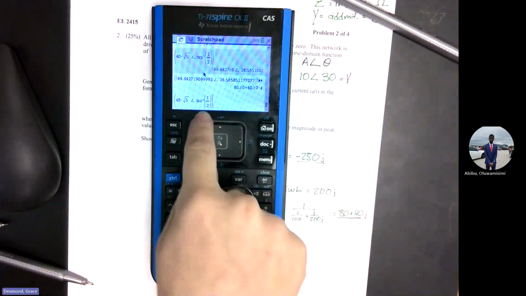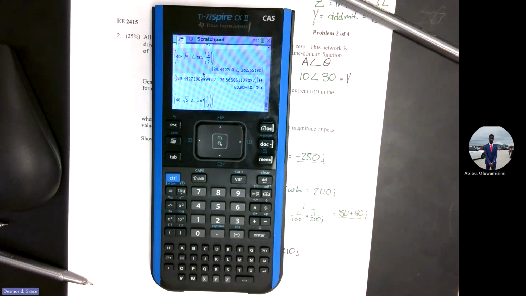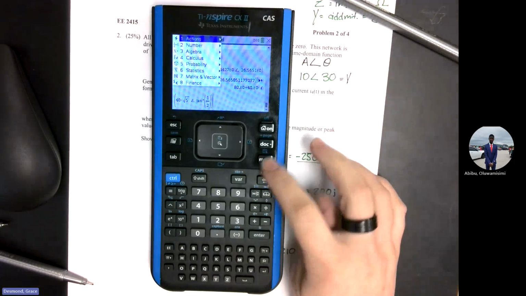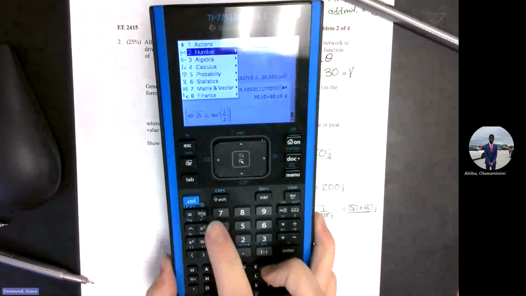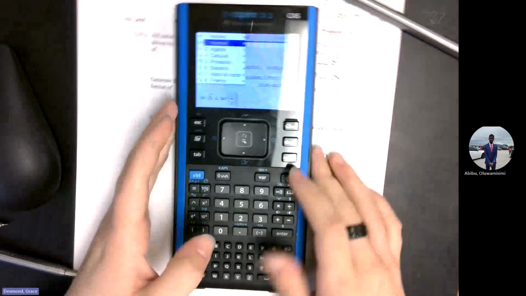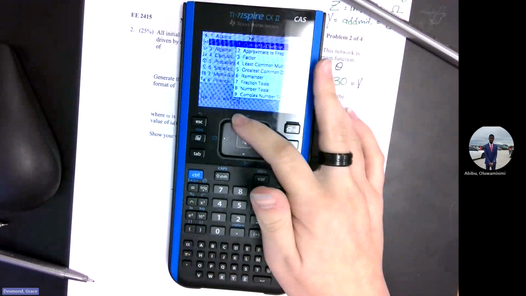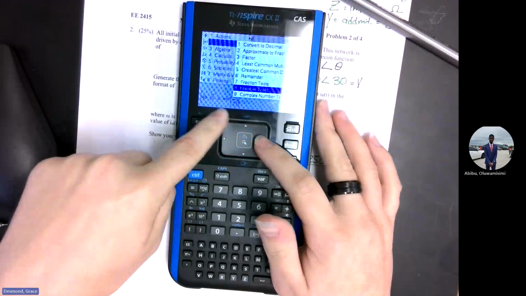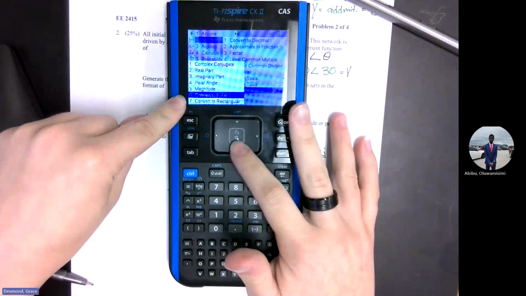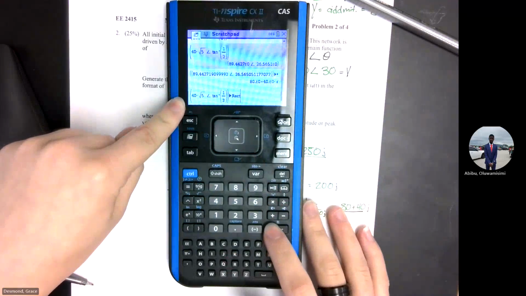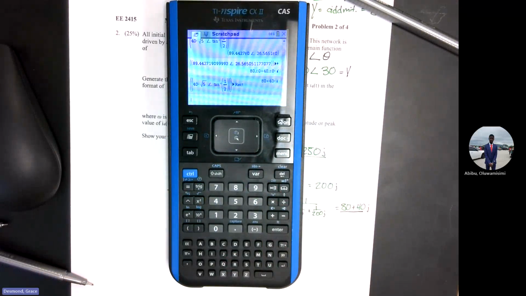If we ever want to convert from polar to rectangular or vice versa, we go into menu, then number, then complex number tools, and then convert to polar or rectangular. So we get 80 plus 40i. Did you get that over there? You get the same thing, Jamie?